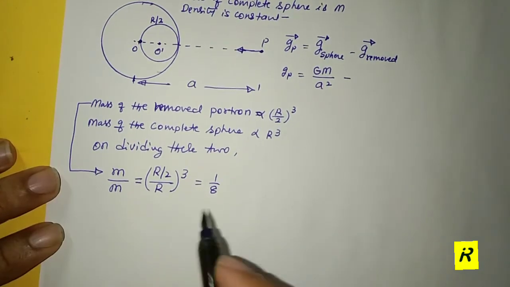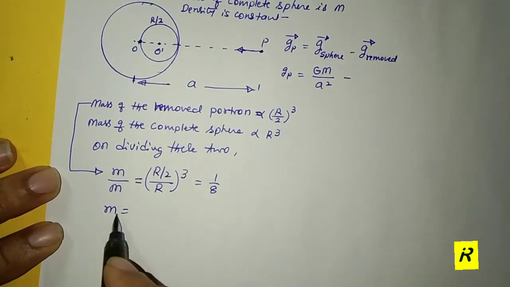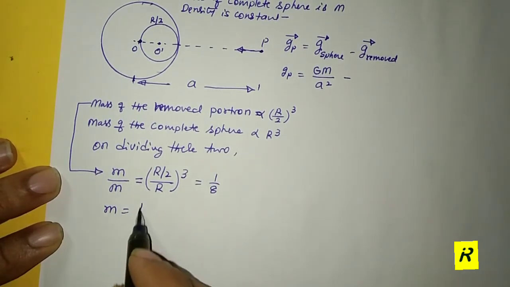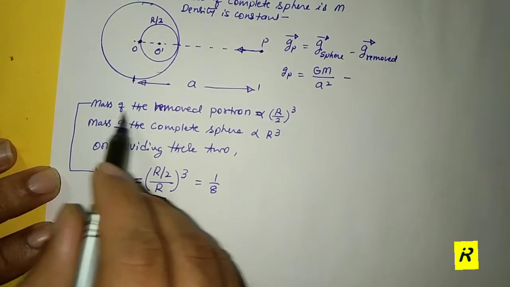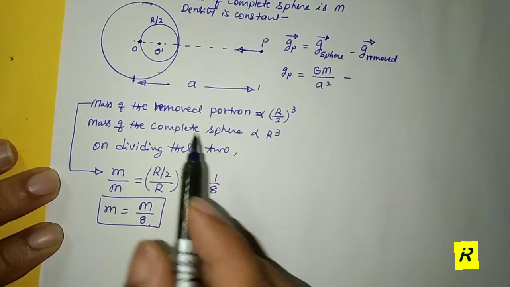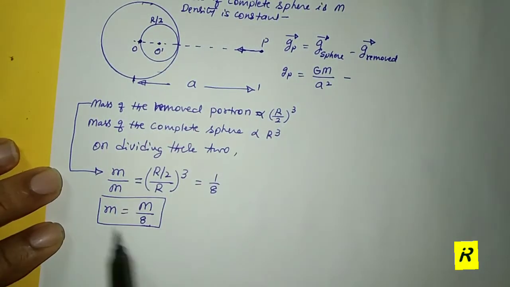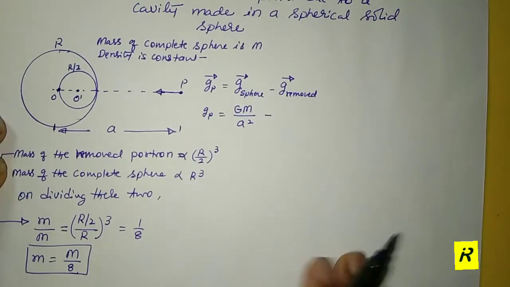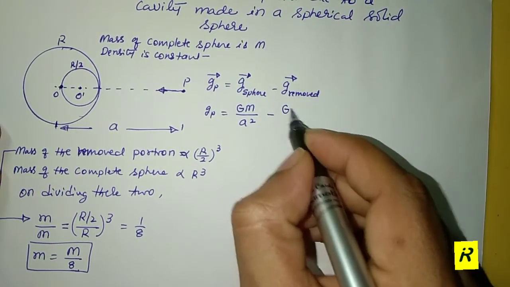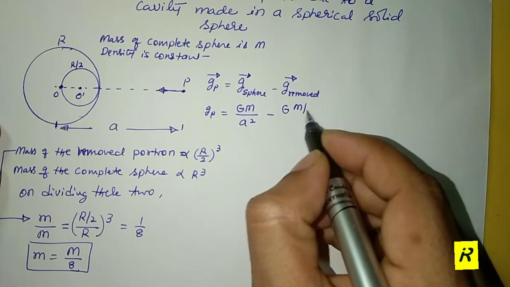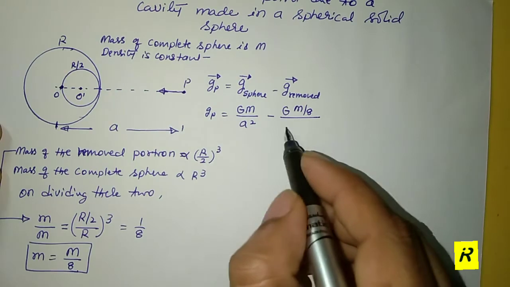I can simply say further, the mass of the removed portion, say it is small letter m, equals capital M divided by 8. This will be the result for the mass removed from this cavity. So this portion should have this much mass. So now I am using that term of mass here like this, G into M divided by 8, whole divided by, what should be written in the denominator?